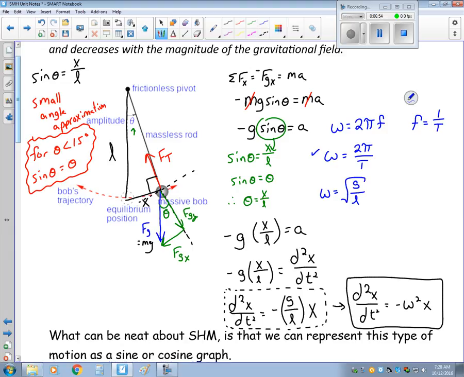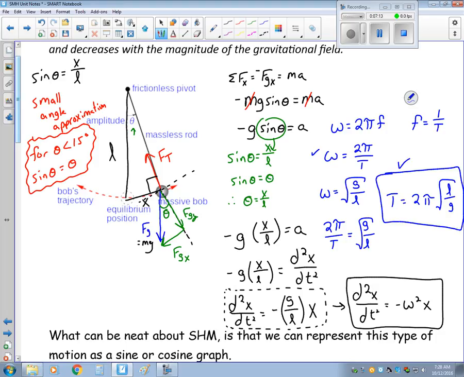So when I put those two together, I see that the period T would equal 2 pi times the square root of L over g. And that is what you need to know right there, that formula for period.